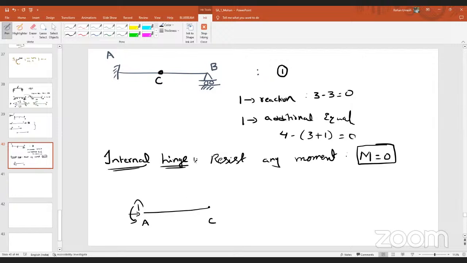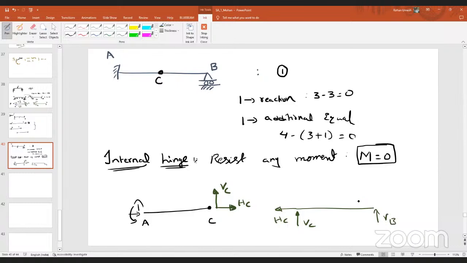No, sir, 2. We should not consider 3. Why? Because as it is an internal hinge, the moment will be equal to 0. So instead, only 2 reactions will develop, HC and VC. Similarly, for CB, it will be HC, VC, and here only V. Is it clear?